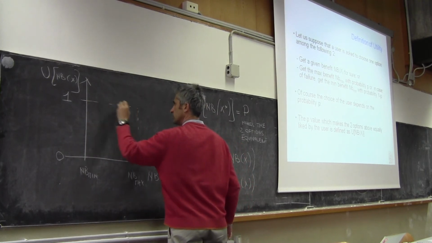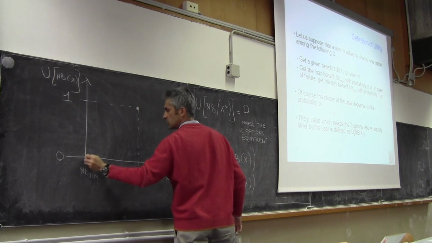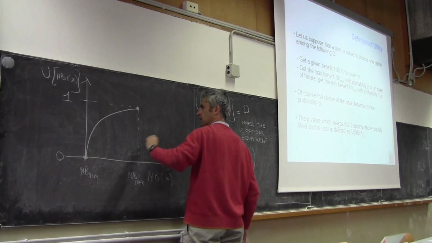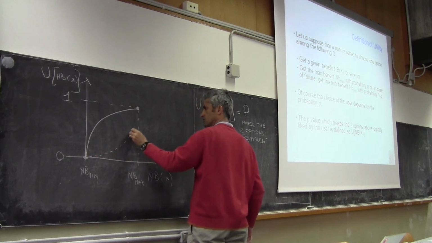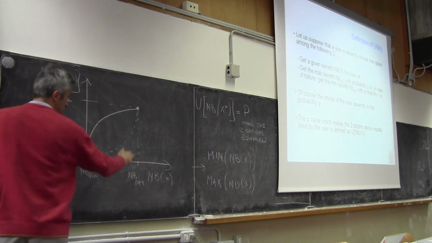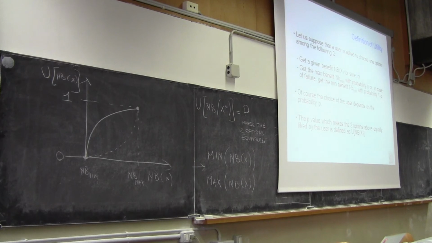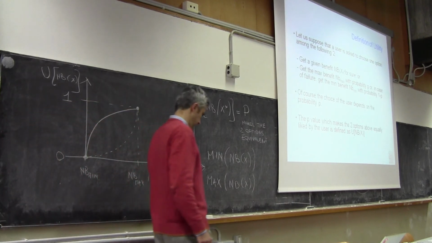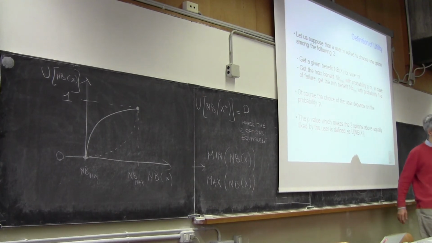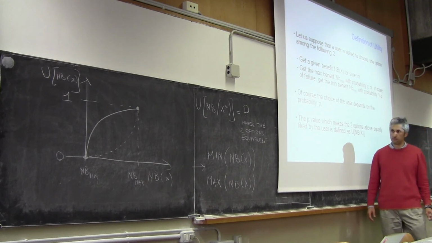So you have to assign utility 1 to the maximum benefit, utility 0 to the minimum benefit, and then you can have different shapes like this one or like this one. This is more prudent, this is more willing to risk.